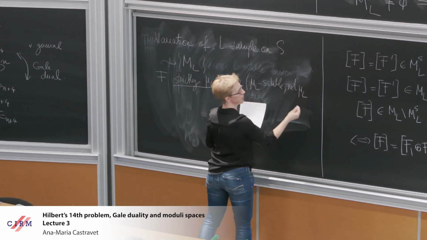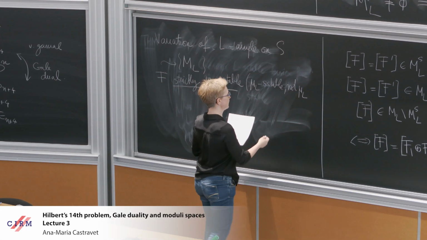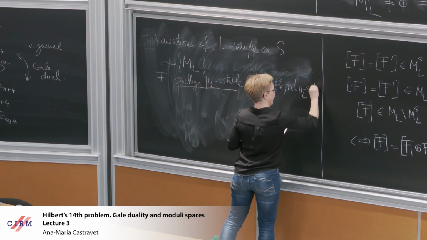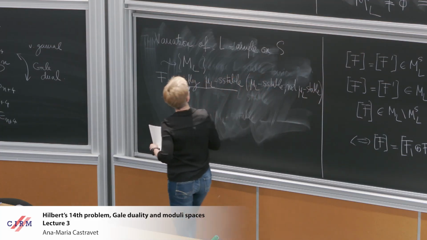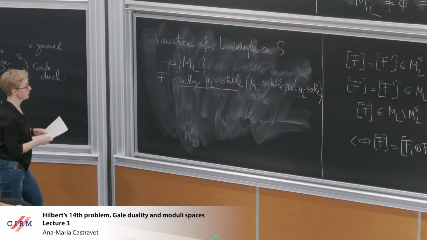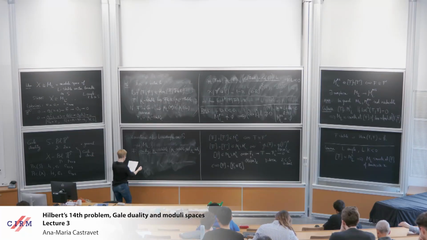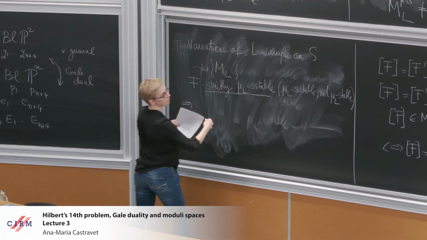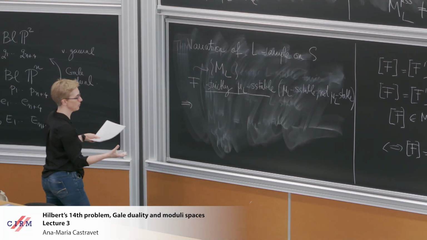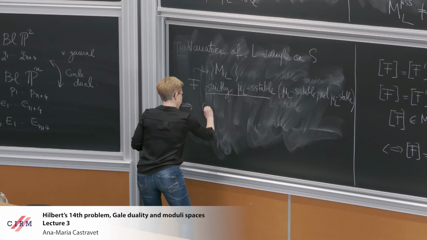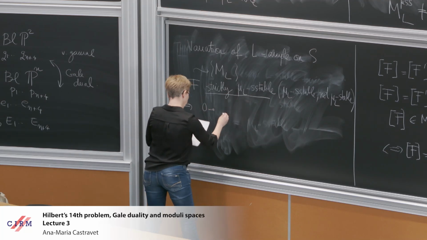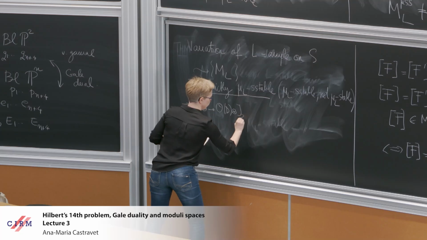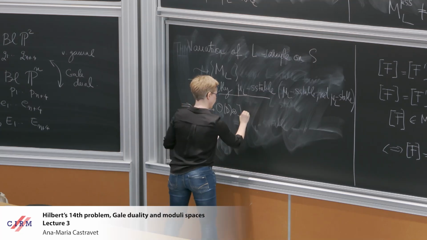So there is a subsheaf of rank 1, which has exactly the same slope. And now again, for our situation, rank 2 on a smooth surface, you must have this Jordan-Hölder filtration, where the rank 1 torsion-free sheaves are of the type a line bundle twisted by the ideal sheaf of a zero-dimensional subscheme.